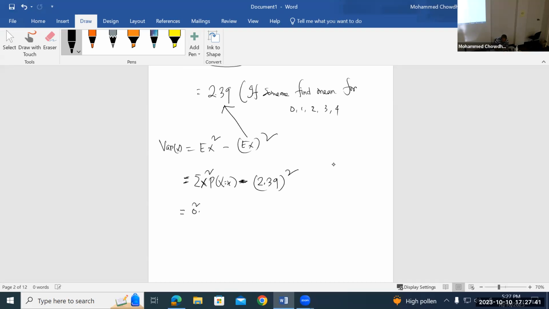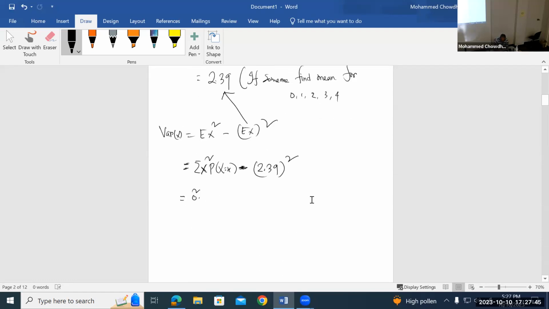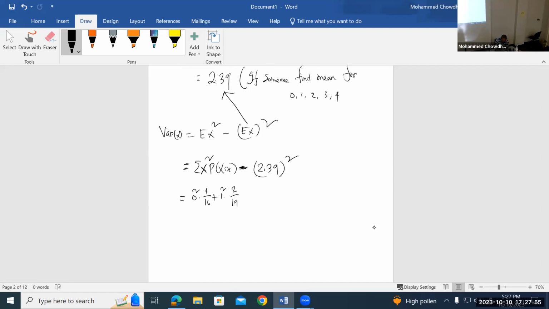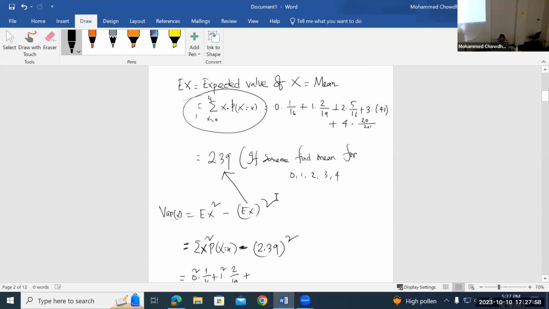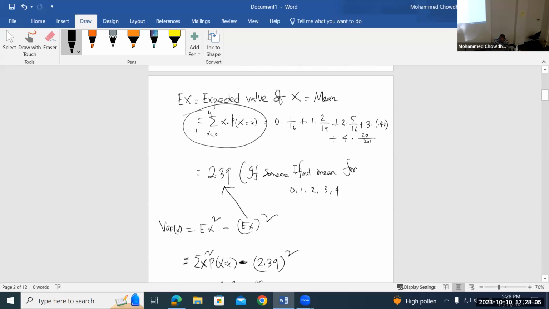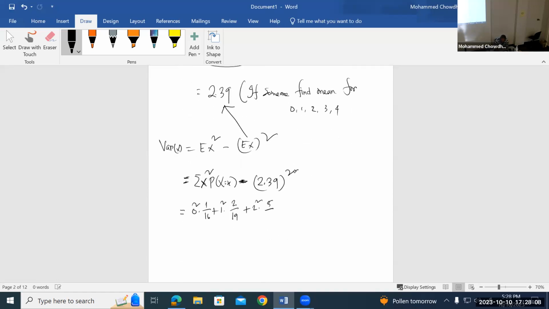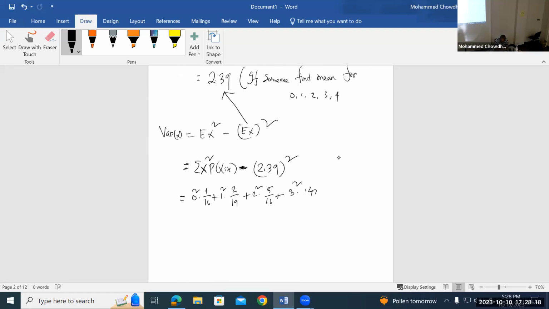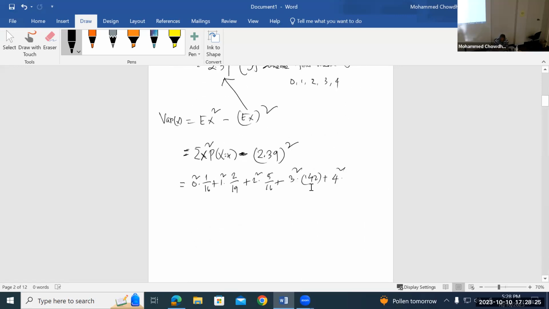So 0 squared times 1/16, plus 1 squared times 2/19, plus 2 squared times 5/16, plus 3 squared times 0.42, plus 4 squared times 20/201.